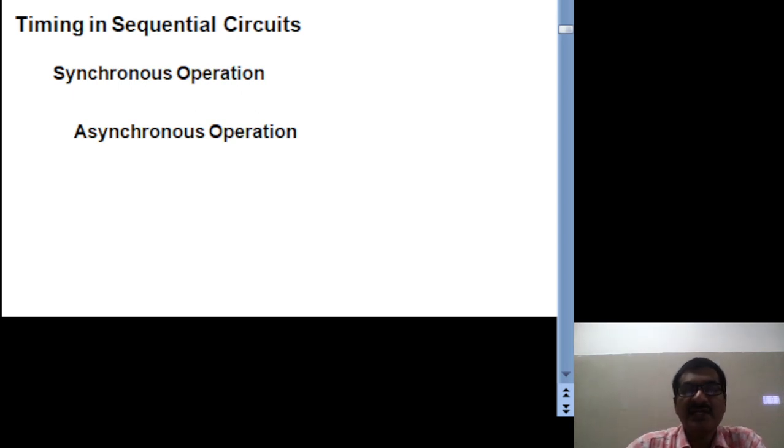Now coming to the VHDL representation of synchronous operation. In VHDL, whatever the number of assignments or events that happen, they are all with reference to the clock signal, represented in the behavioral model using a process statement, with the clock as a sensitive input.